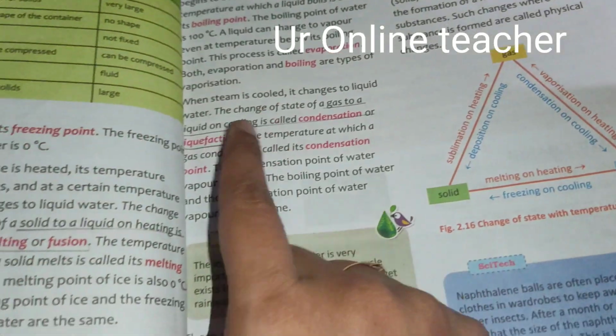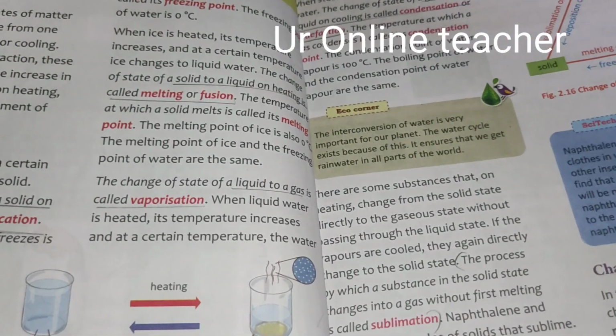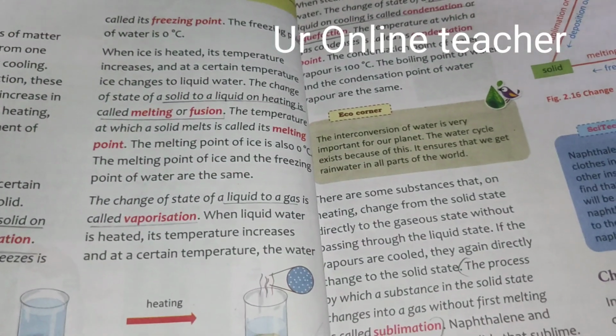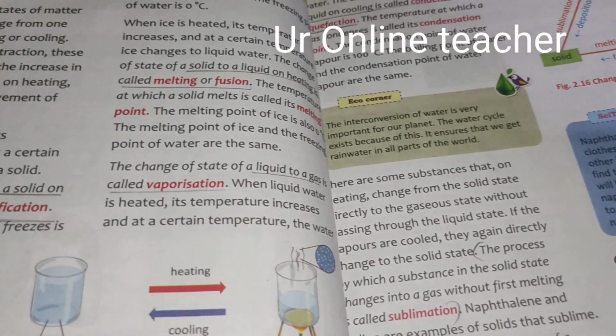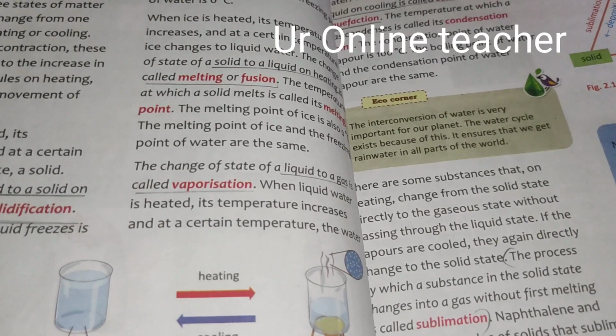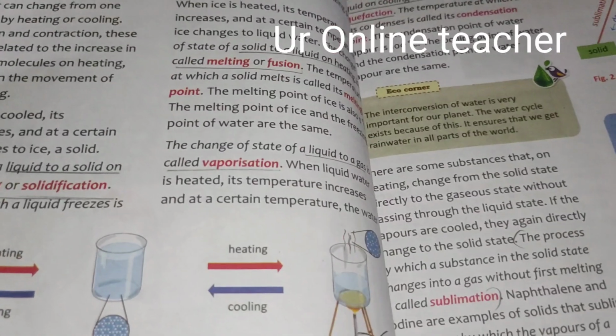Again when the steam is cooled, it will get condensed. It is called condensation or liquefaction. It will change into water, and it also takes place at 100 degrees centigrade. So the condensation point and the boiling point is 100 degrees.